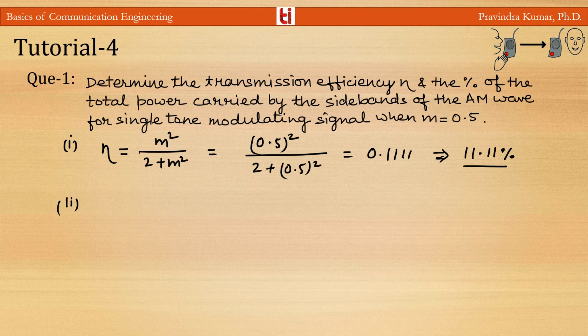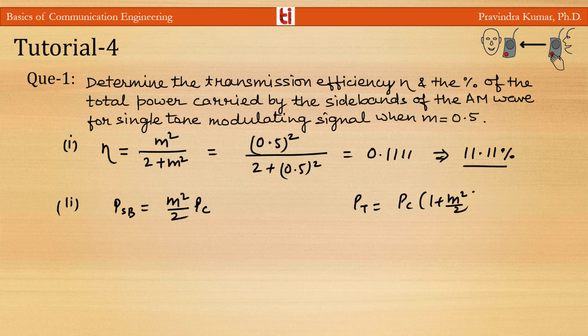The total sideband power is equal to m square by 2 Pc, because the transmitted power is Pc times 1 plus m square by 2, so it is Pc plus m square by 2 Pc. Pc is the power in the carrier, and this is the power in the sidebands.